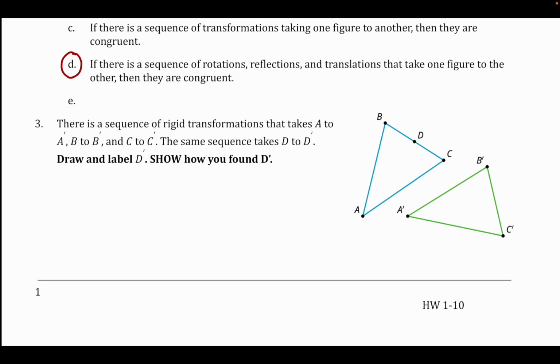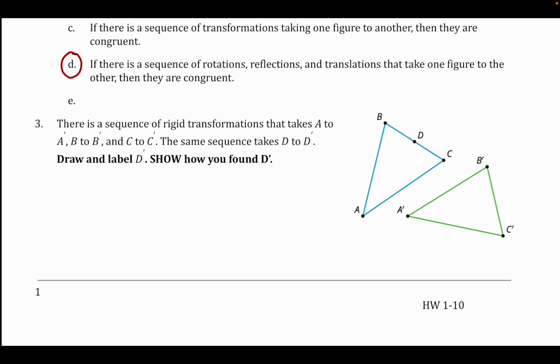All right, if we look at question 3, we now have a series of rigid transformations that takes A to A prime, B to B prime, and C to C prime. The same sequence takes D to D prime, but we're going to draw and label D prime and show how we found D prime.